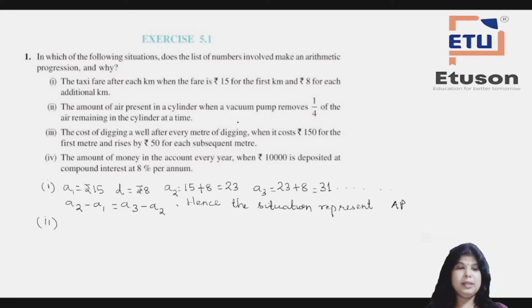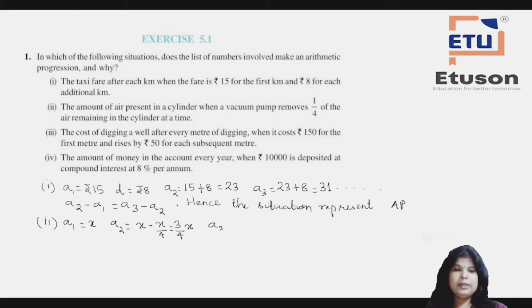The amount of air present in a cylinder when a vacuum pump removes 1 by 4 of the remaining air in the cylinder at a time. Right? So here, suppose your first term is x. Suppose you have x volume of air. So A2 will be, according to the question, x minus 1 by 4th of x, that is x by 4. So that becomes 3 by 4x. Right?